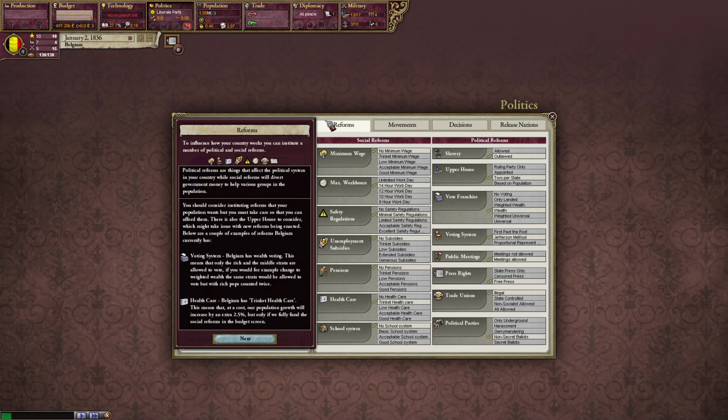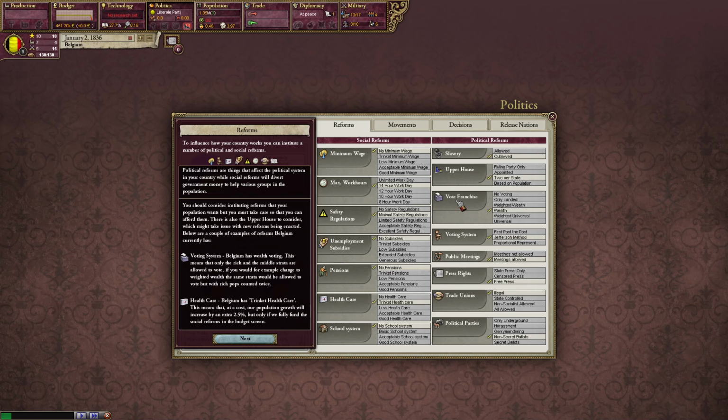Now, as you can see here, we have no minimum wage. We have a 14-hour workday, minimal safety regulations, no unemployment subsidies, no pensions, trinket healthcare, and no school system. Slavery is outlawed. In the upper house, there are 2 members per state.